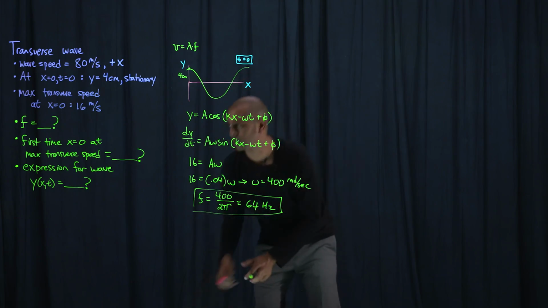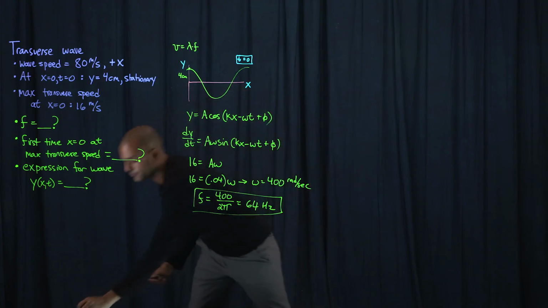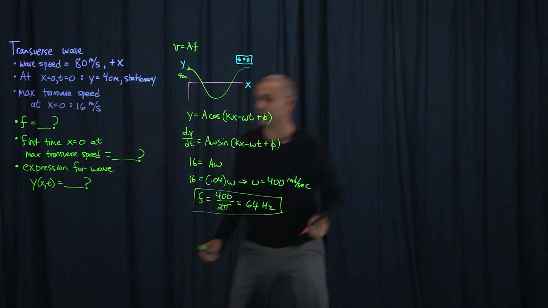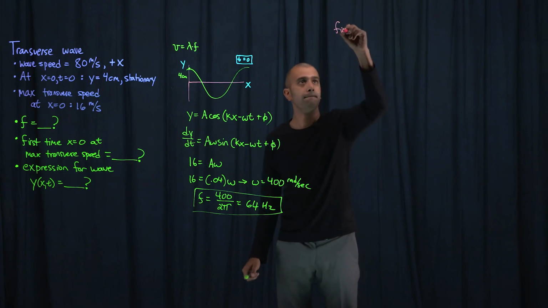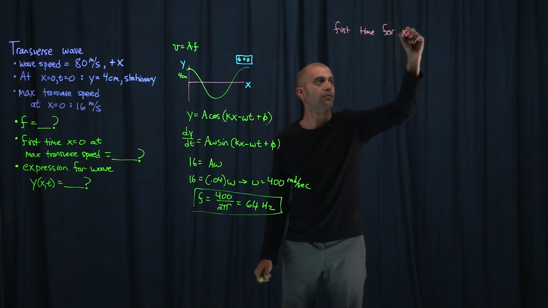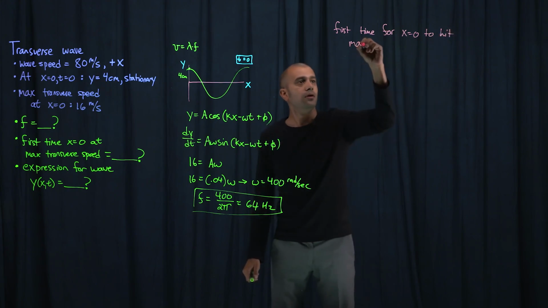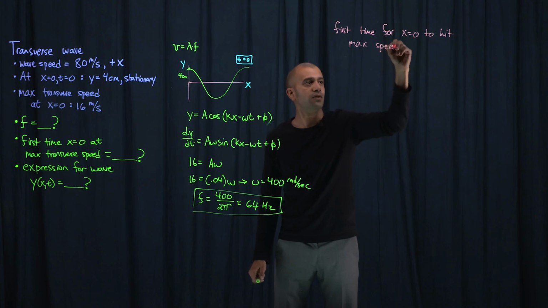Right? So for the second part of the question, it says first time for the position at x equals 0 to hit its max speed. That's just going to be the period divided by 4.